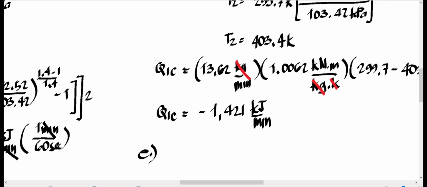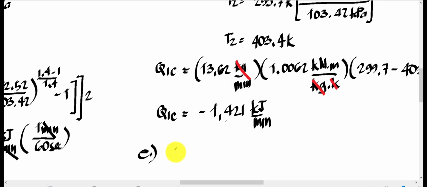So letter E, what will be the overall compression efficiency of 78%? What will be the driving motor required? Okay, so the compressor efficiency they refer to here is called the mechanical efficiency.